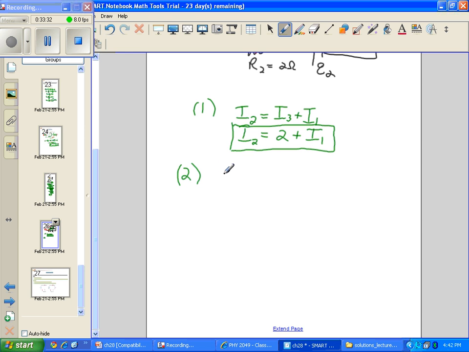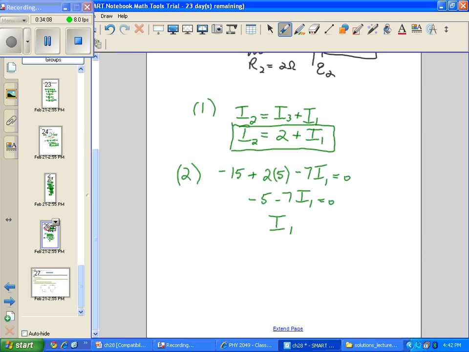At the top loop, we have minus 15 plus I3 times R3, but our I3 is 2 amps, R3 is 5 ohms, and I'm leaving the units out, minus 7I1 equals 0. Well, this is 10 plus negative 15 gives us a negative 5, minus 7I1 equals 0.